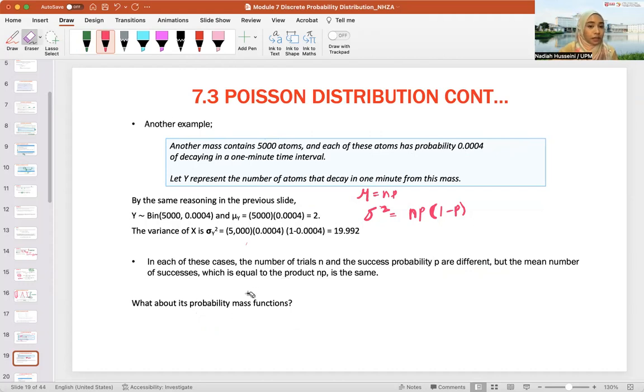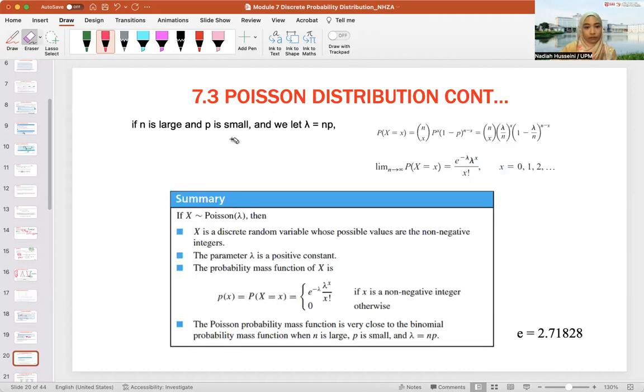So what about its probability mass function? If N is large and P is small, and we know this is the equation for the binomial distribution, let's say lambda is NP. This is the Greek letter lambda. Let lambda be NP.